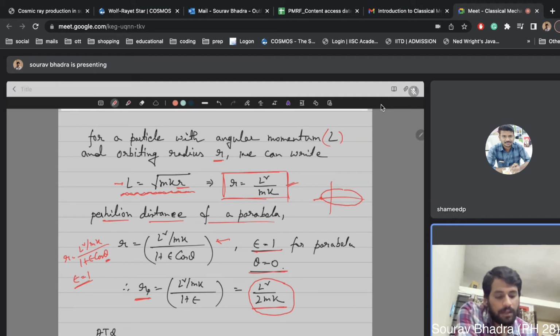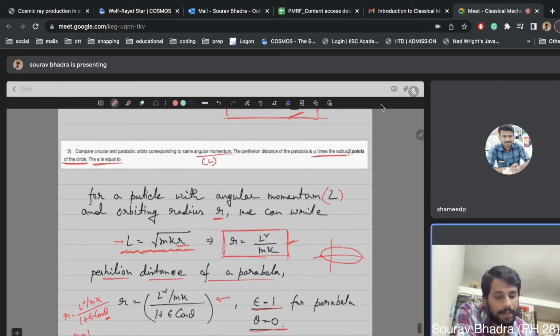Now in the question it is given that the perihelion distance of the parabola, okay, pardon me, I have drawn that ellipse, it is a parabola actually, pardon me for that. So this is the perihelion distance from the focus.